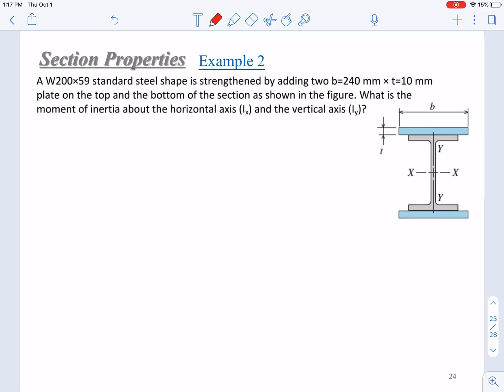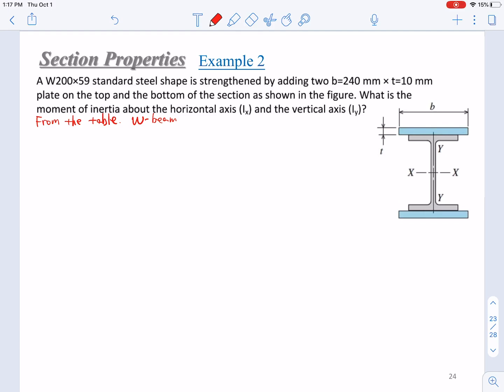Based on this, let's summarize the information that we have got. From this table, we have got the wide flange beam. This is called the W beam.